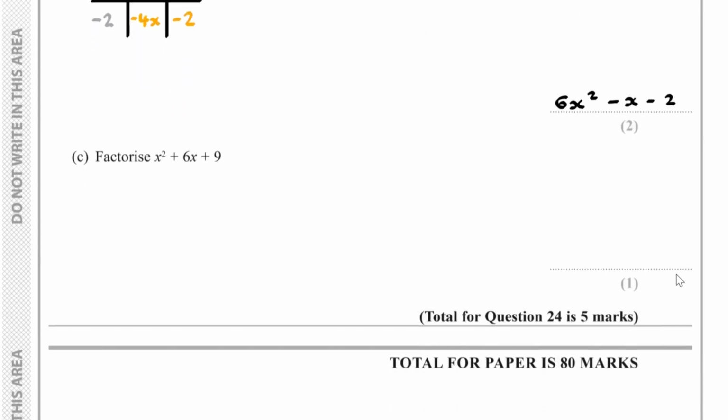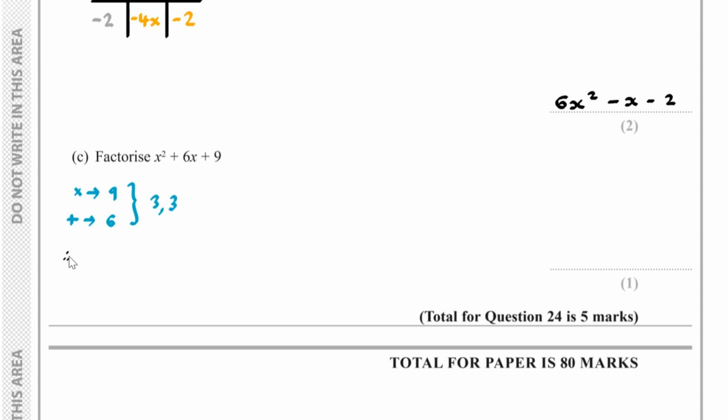And then for part C, we have to factorize x squared plus 6x plus 9. Well, what we are looking for here are two numbers which multiply to give 9, which add to give 6. Those two numbers, we have 3 and 3.